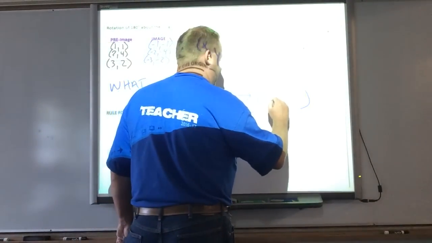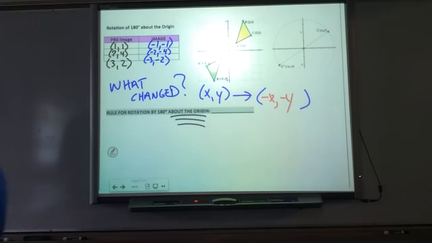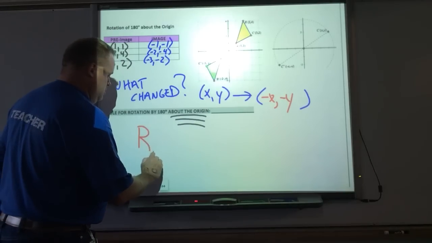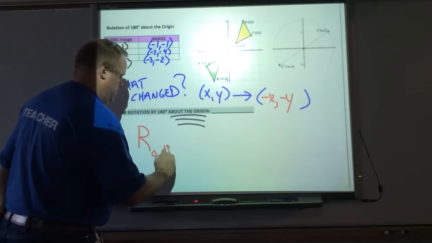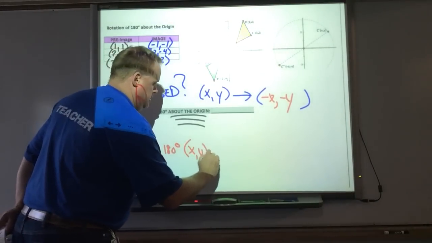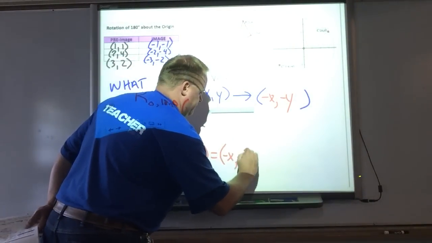So this becomes a -x, -y. So my rule for the notation is going to be a capital R, 180 degrees, xy equals a -x, -y.